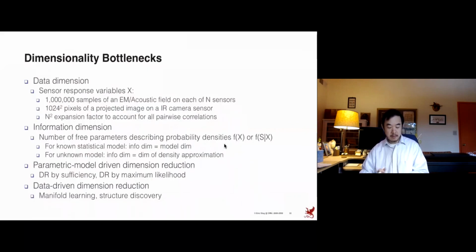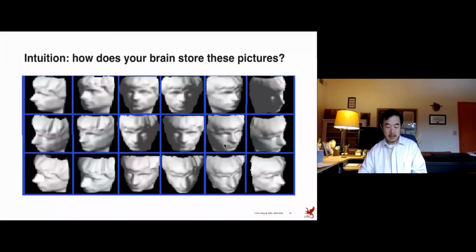And here, people also are facing the dimensionality bottlenecks because images are just too high dimensional and hard to manipulate. And then people ask, how can we group images, and how do people mentally group images?